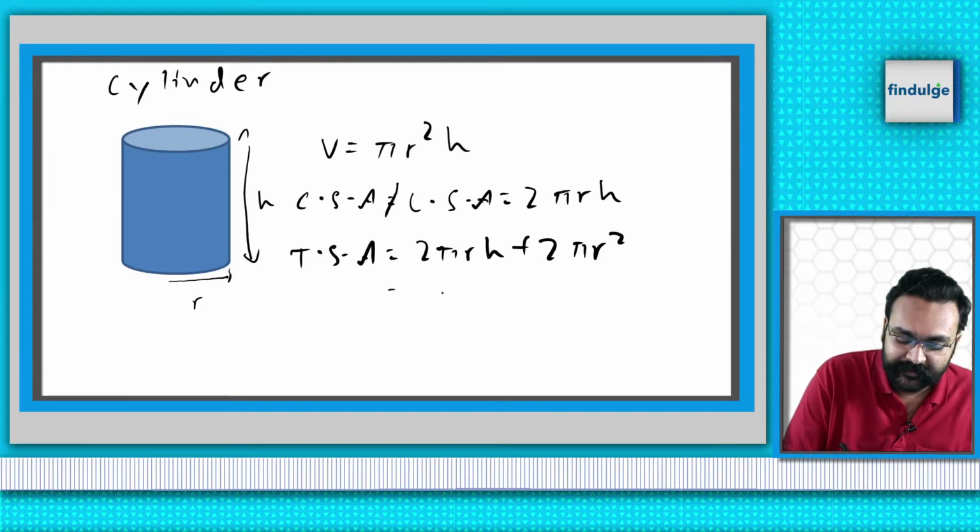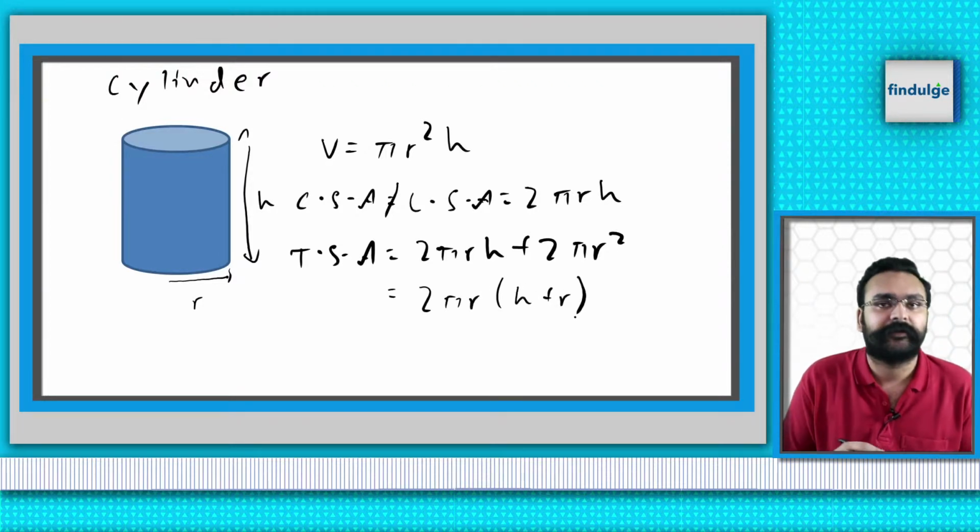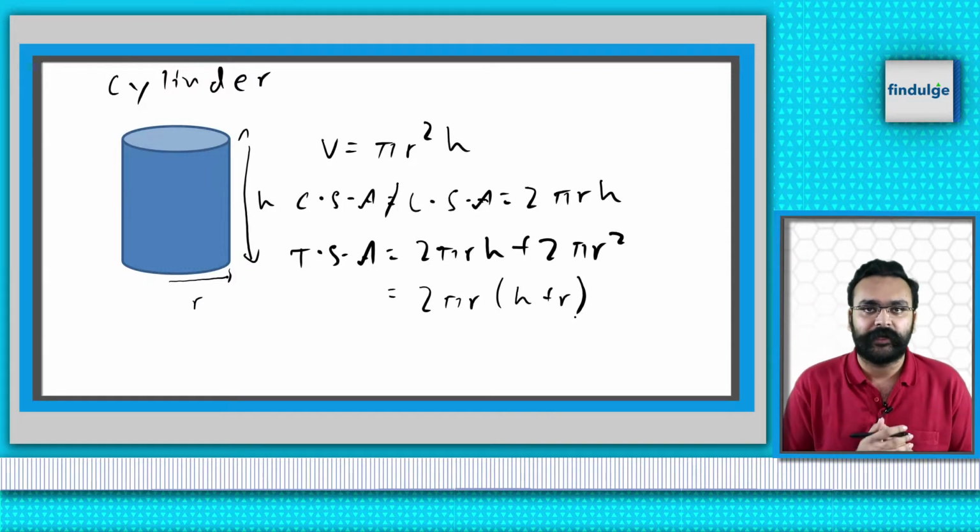We can simplify this to 2 pi r into h plus r as a simplified formula. So, cylinder, radius and height, volume pi r square h, curved surface area or lateral surface area 2 pi r h, and total surface area 2 pi r bracket h plus r.